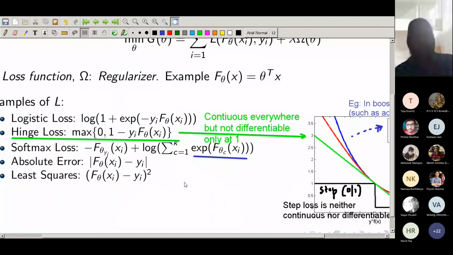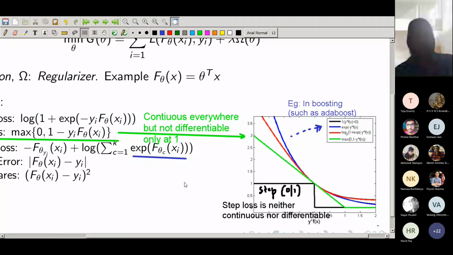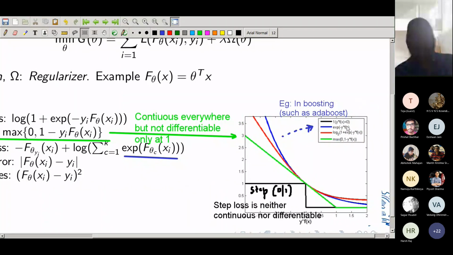Okay, so you can have the softmax loss, which is basically associating an exponent with theta transpose x, but there's a theta corresponding to every class c equals 1 to k. And you can see that that's continuous and differentiable everywhere.